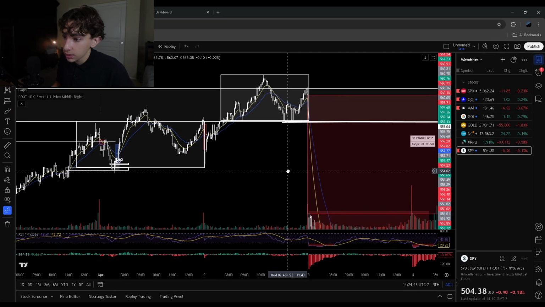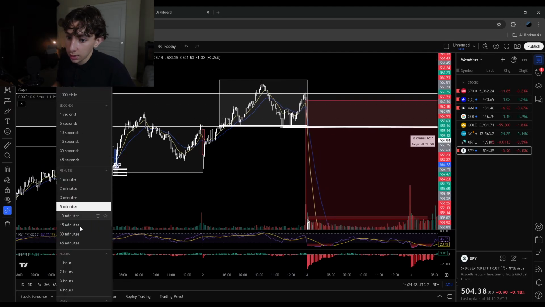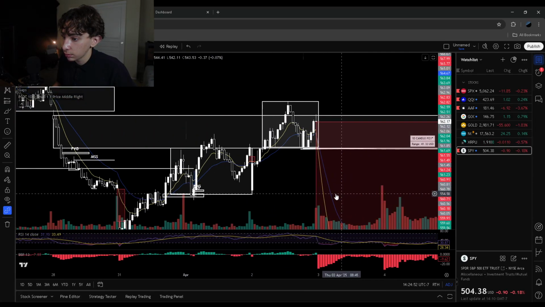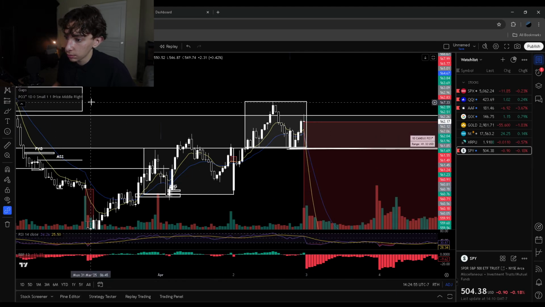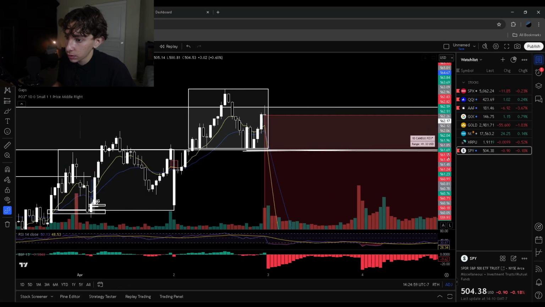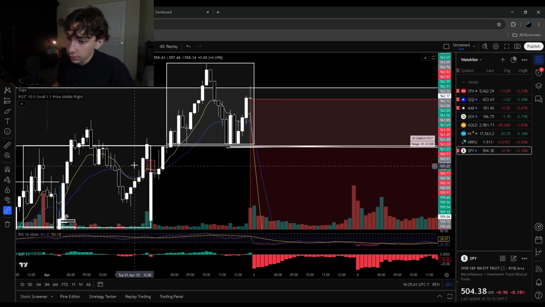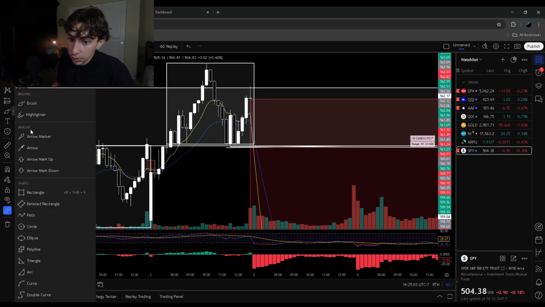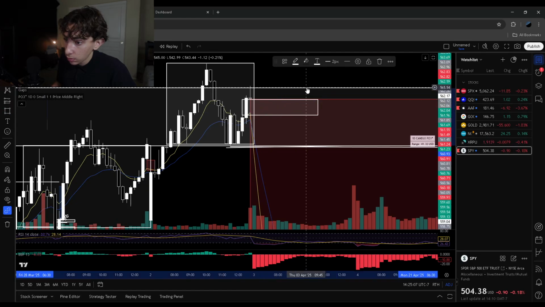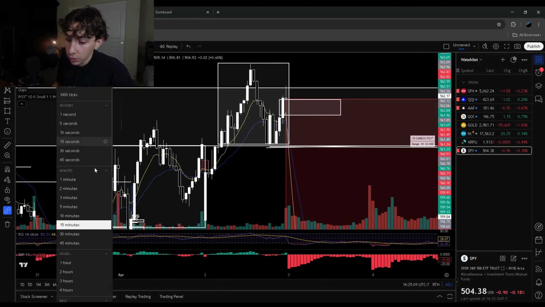And then next thing I'm looking for is an inverse fair value gap. So we could go on the 15-minute chart, or actually this is a nice example. We obviously have market right here, inverse fair value gap, or we go on the 1-hour.